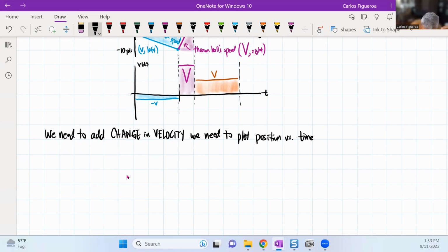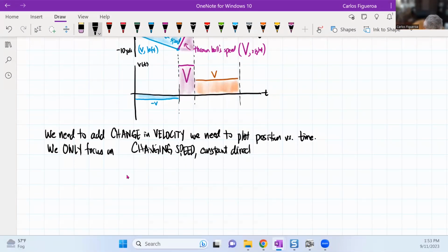And what we're going to do here is that we only focus on changing speed, but keeping the direction constant. We do not look at the other situation.